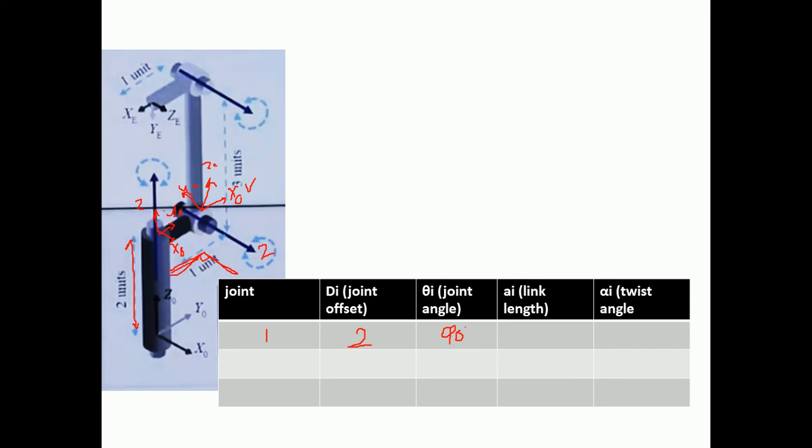The unit by which we are translating over here, I forgot to write, this is 1. This is 1 unit, and when we rotate this by 90 degrees about the x axis anti-clockwise, the z axis is going to be parallel with the z axis of the second frame, that is, z naught is parallel to z. So the angle should be 90 degrees.